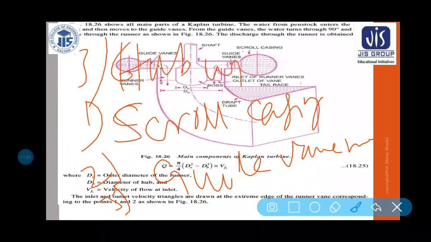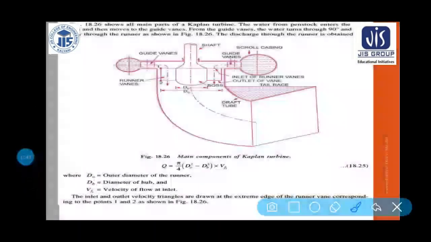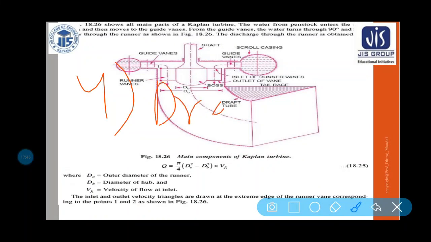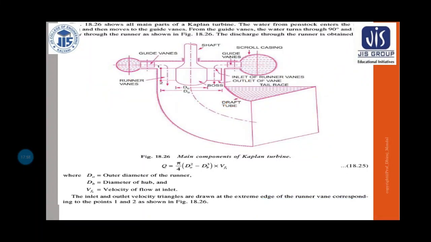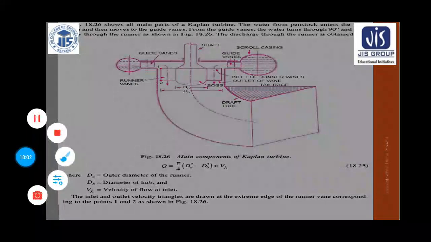And number 4, very important, the draft tube. So these are the 4 components: scroll casing, guide vane mechanism, hub with vanes or runner of the turbine, and number 4 is the draft tube.